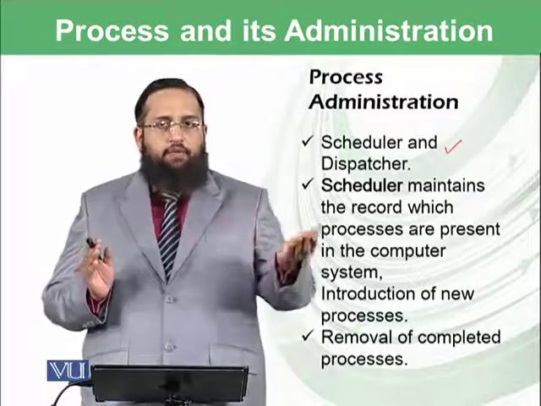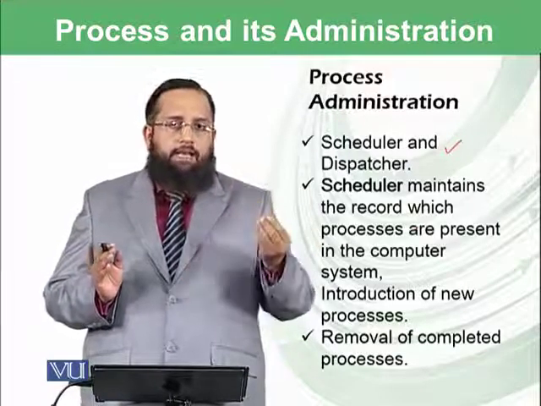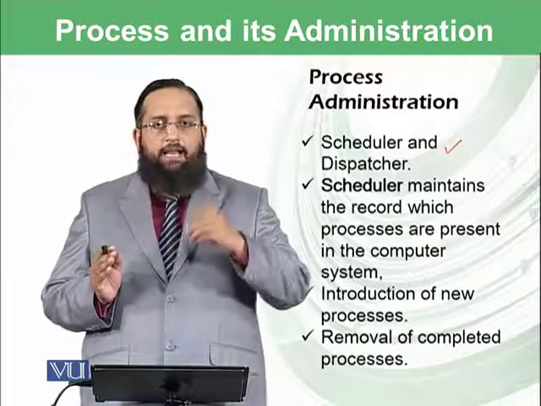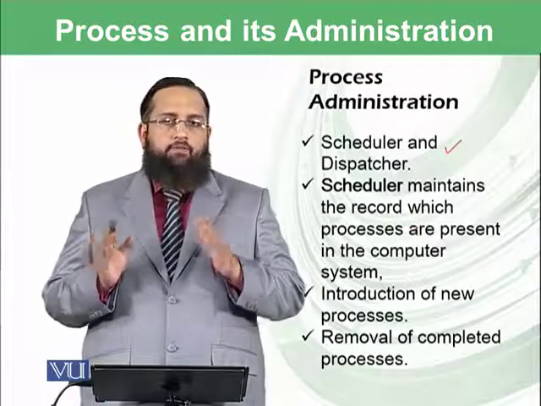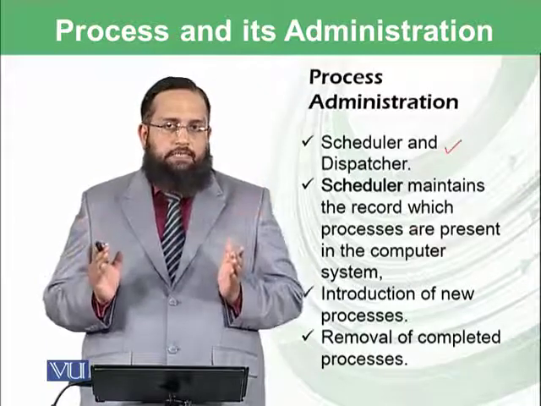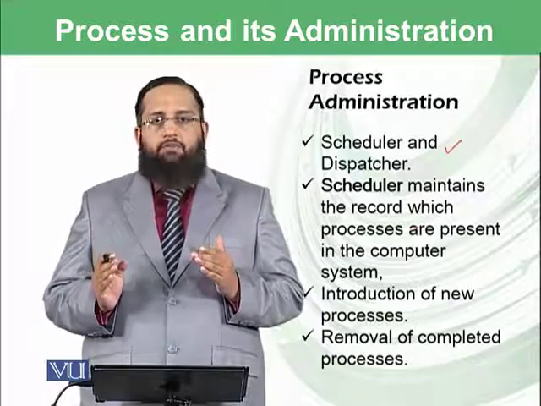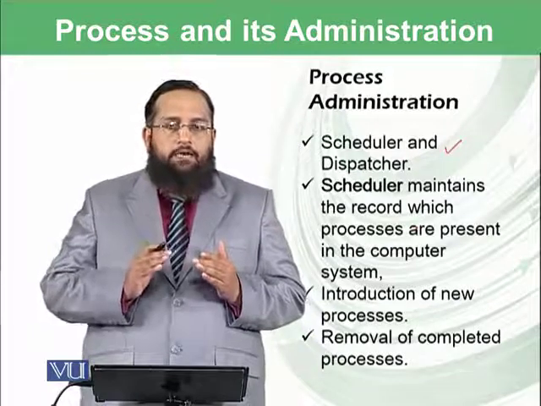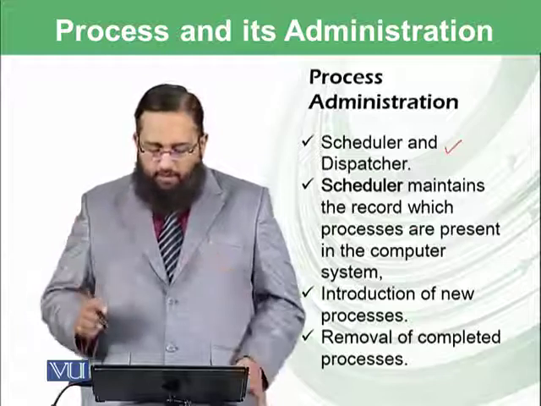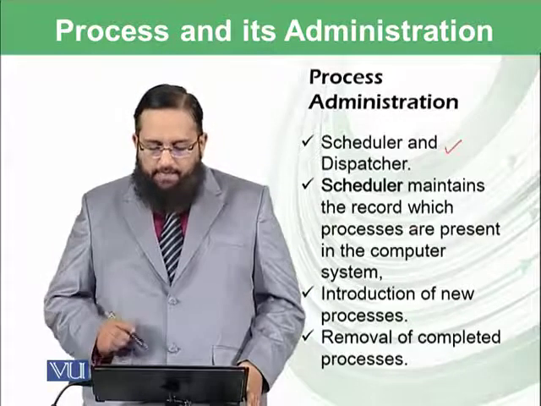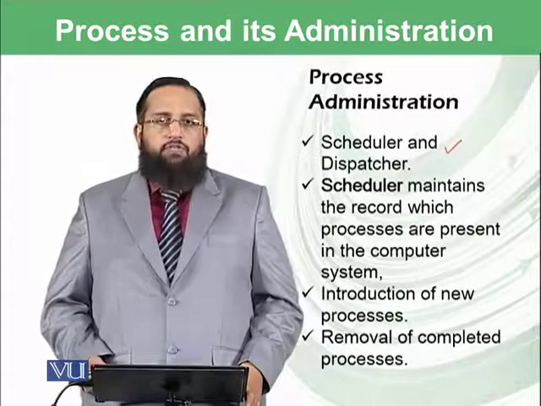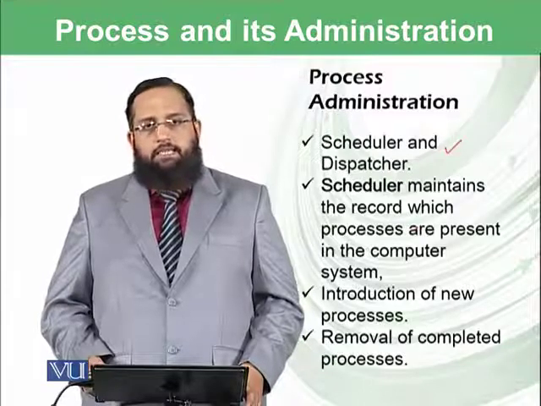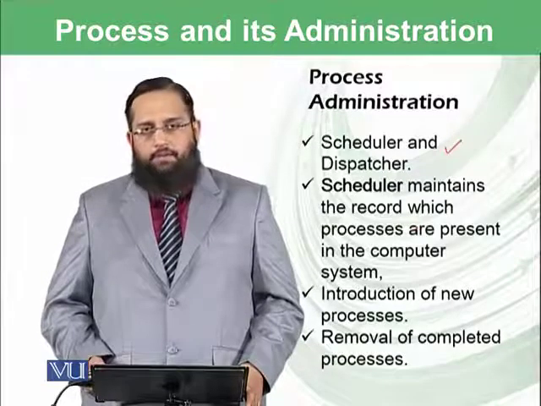If some new process arrives, it needs to be put in this list, and if some process from this list finishes its execution, it will be removed from the list. All such scheduling of the processes is done by the scheduler.